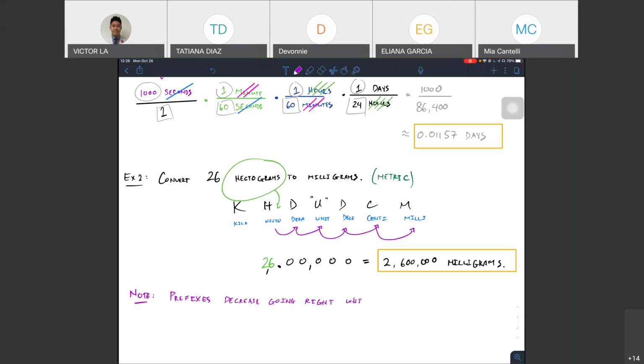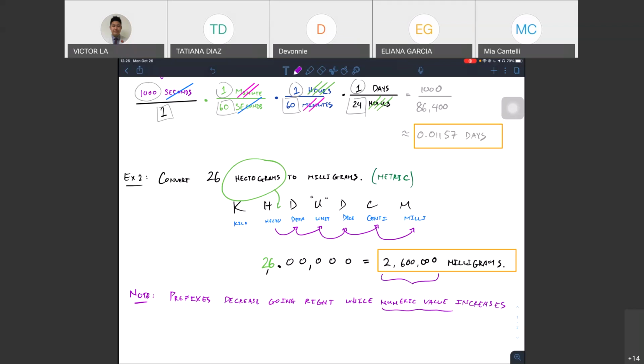So numeric value increases. So remember, numeric value is strictly describing the number.